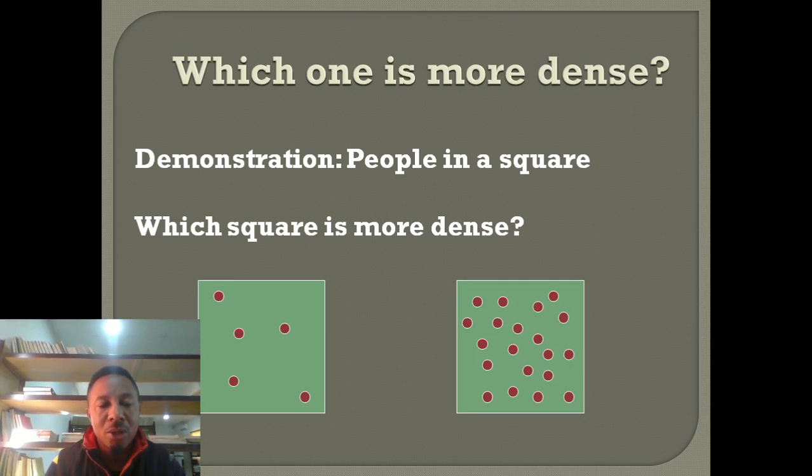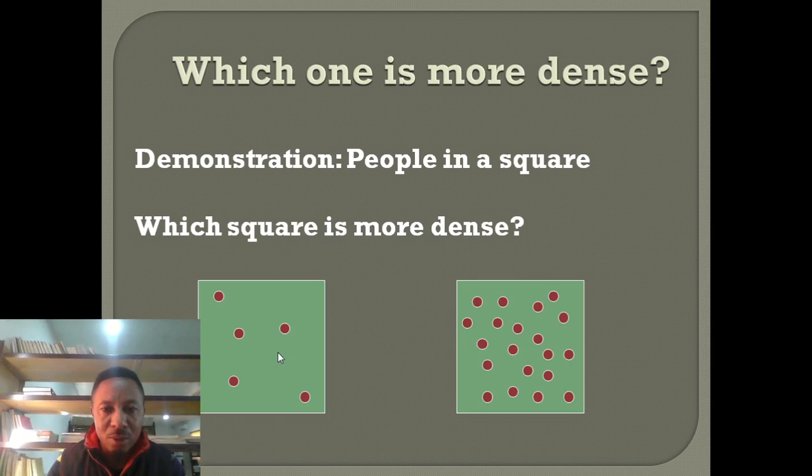Now look at the demonstration that we have on the picture here. Here we have a square and some dots. The dots here actually represent students. And the dots here too are representing students.